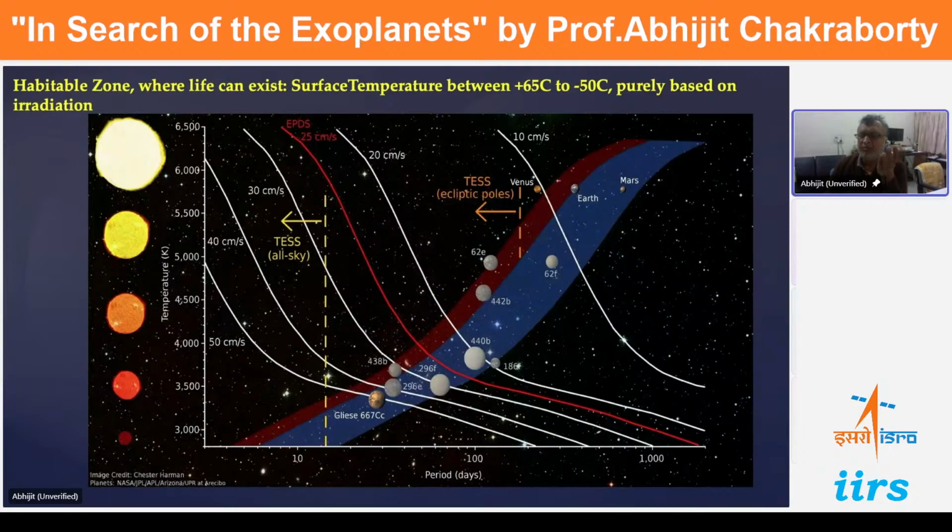So the distance between the star and the planet is such that, if we consider only irradiation, and assume that its atmosphere has properties similar to Earth's atmosphere, that is, most of the heat is reflected back into the sky and there is not much greenhouse effect, then in that case what will happen is the following.